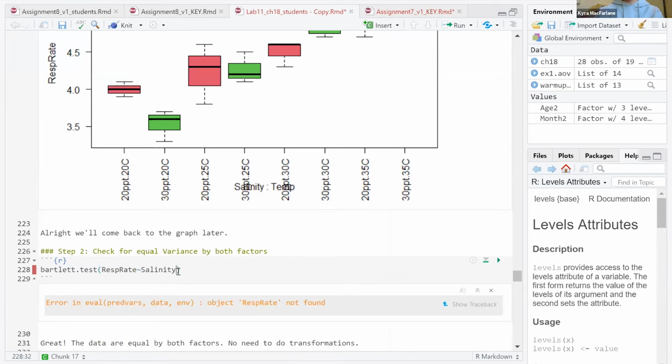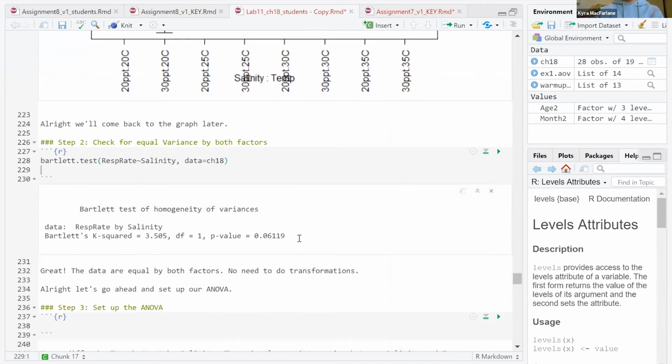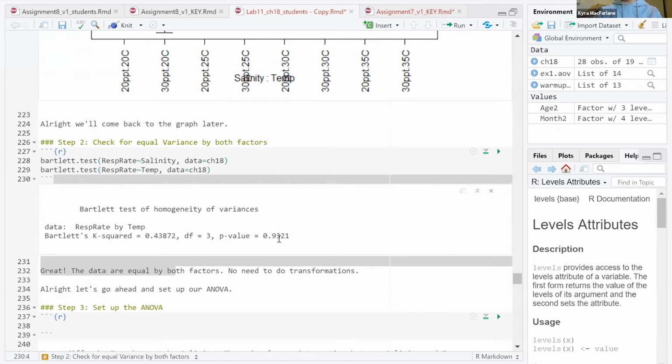Data equals chapter 18. Greater than 0.05, so equal variances by salinity. Check by temp. Values greater than 0.05, great. We don't have to transform anything.